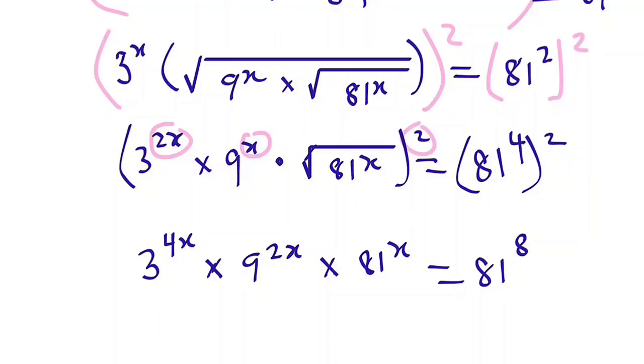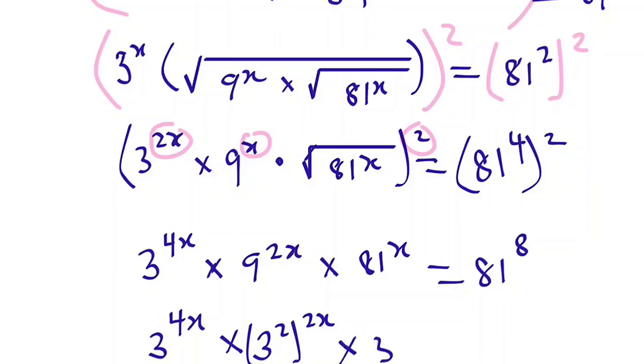Alright, so now from here, the next thing we're going to do, let's write this in this form. We're going to have 3 to the power of 4x multiplied by 3 to the power of 2, that is 9. We have 2x times 3 to the power of 4, then to the power of x equals 81 to the power of 8.